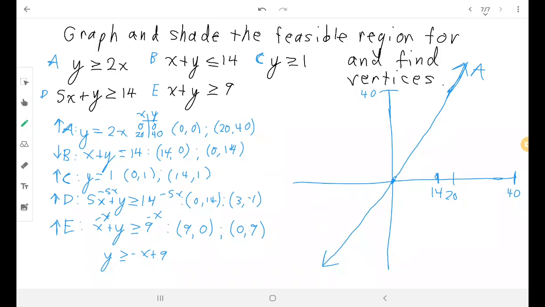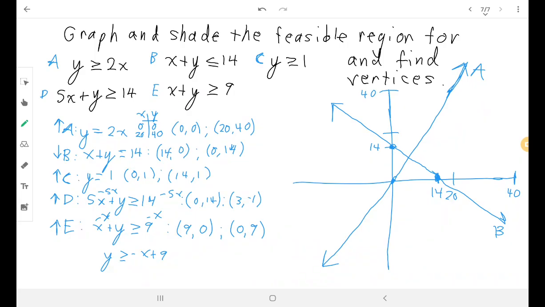So 14, 0. And 0, 14, that's going to be 20, so we'll put 14 about there. And then there and there. And that one's going to shade down. We'll figure that stuff out a little later.